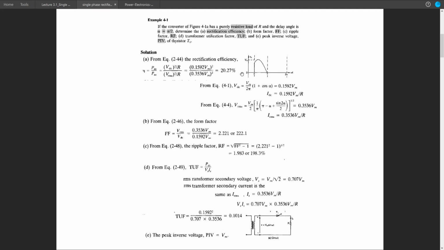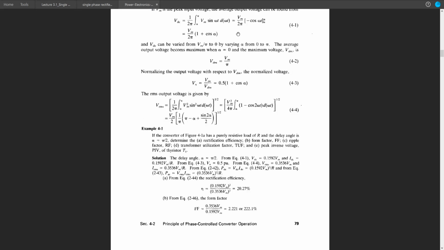In this case, as it is a resistive load, we can calculate the PDC and PAC simply by using the V square by R formula. And again, as it is a half wave rectified output, we can derive the DC voltage and RMS voltage from equations 4-1 and 4-4.